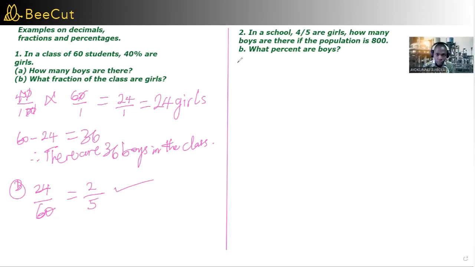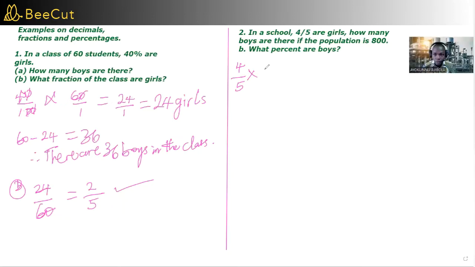Okay, 4 over 5. 4 over 5 times what? Times 800 or times 100? Is it 100 or 800?